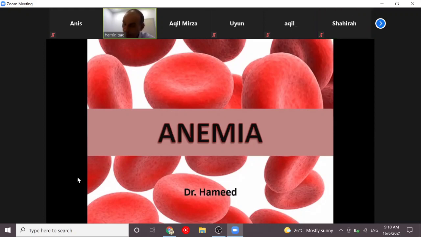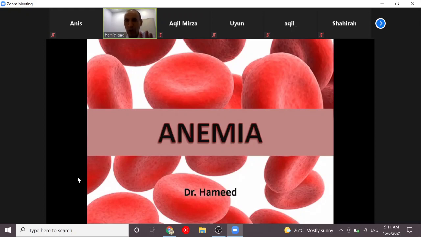Hemoglobin A2. These are the 3 hemoglobins which are normal hemoglobins located in our red blood cells. But of course, the most common, 97% of hemoglobin, is hemoglobin A. And this has 4 globins. What is the biochemical structure of hemoglobin A? Alpha 2, beta 2. So we need 2 alpha globins and 2 beta globins together to produce hemoglobin A.